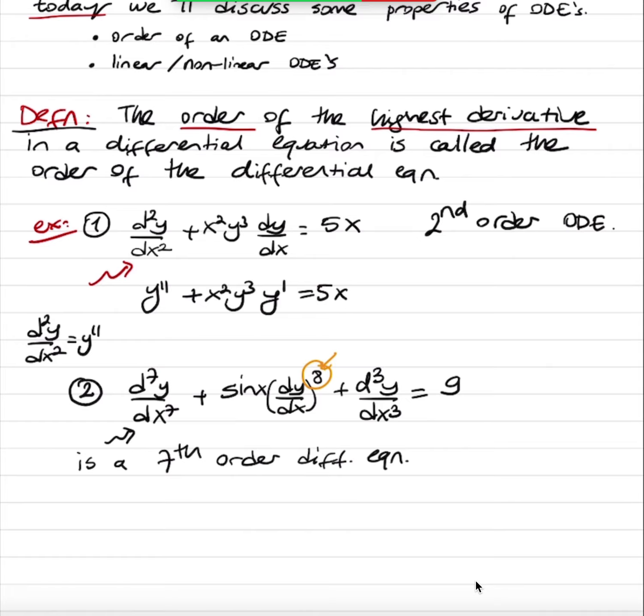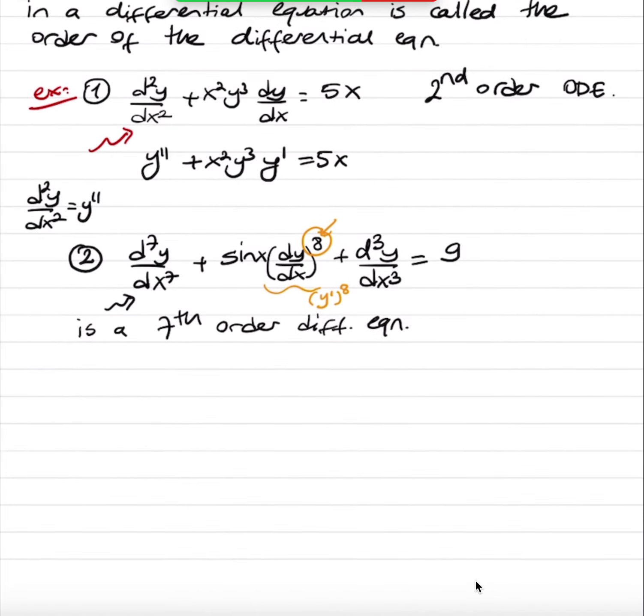It is not an 8th order because it is the 8th power of the first derivative. So here this means y prime to the power 8. So it is not the order. Great, I hope it is clear.